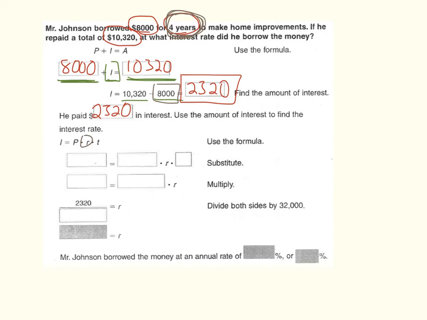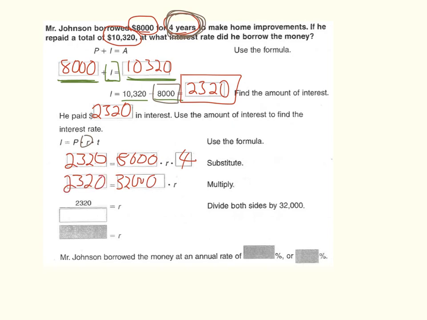The interest he paid was $2,320. The initial amount that he borrowed, the principal, was $8,000, and the time was 4 years. If I do 8,000 times 4, I get 32,000.